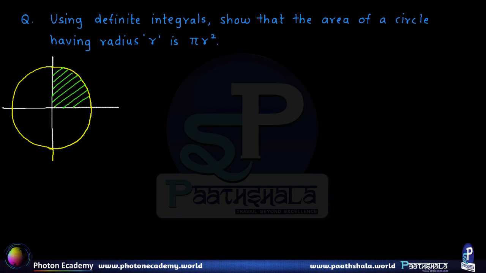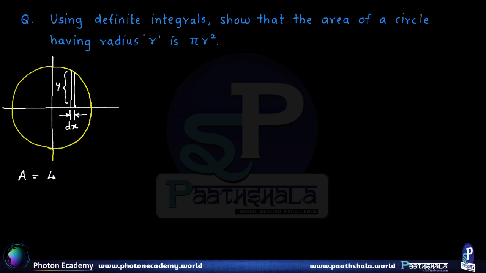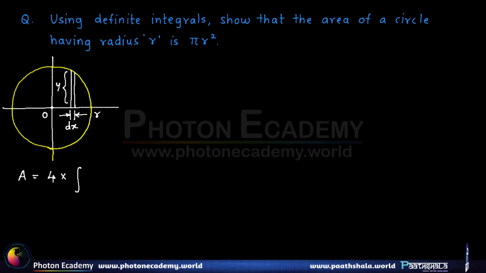Now to calculate that, we follow a similar procedure as we have seen earlier. Let's consider a vertical strip of width dx and height y. Now our total area is 4 times the area of 1/4. Correct? For the limits, x varies from 0 to r, because that is the maximum value that x can take, which is the radius.